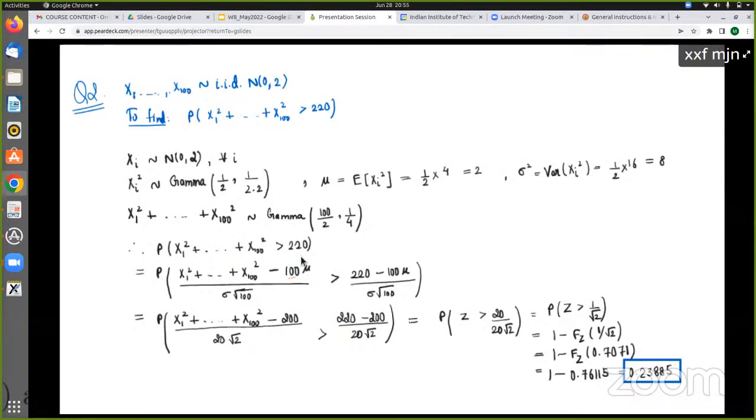We are finding y greater than 220. So that delta is only 220. If you consider that formula, then delta n mu will become what? 200 into 100 into something like this.